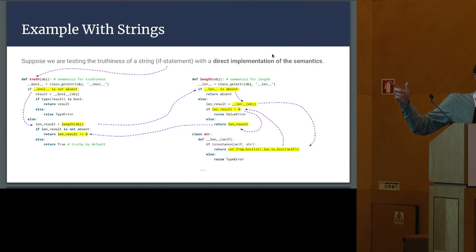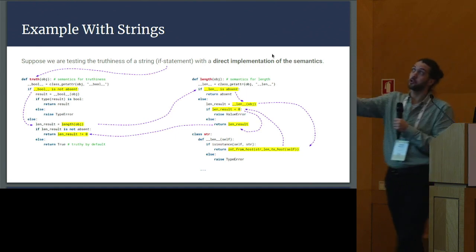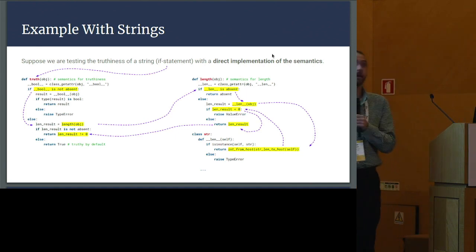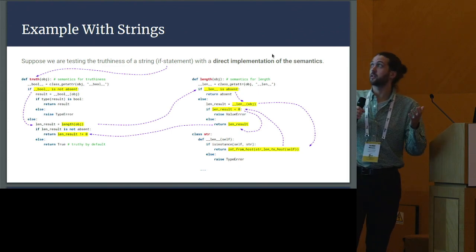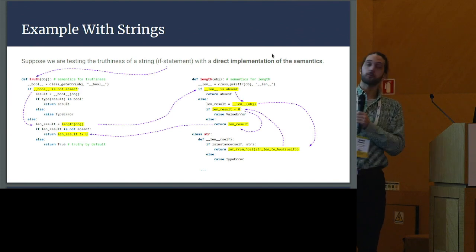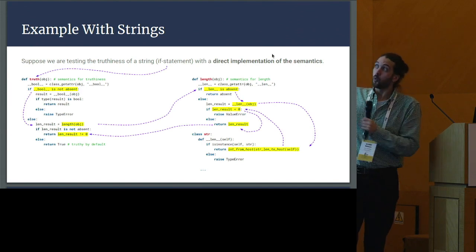I'll give an example with our definition of the semantics of truthiness. In Python, everything is either truthy or falsy. In particular, when you have a container, such as a string or a list, it will be truthy if it is not empty, meaning it has a non-zero length, and falsy if it has a length of 0. Suppose you give a string to the truth semantics here.